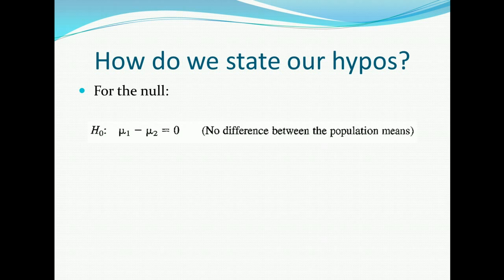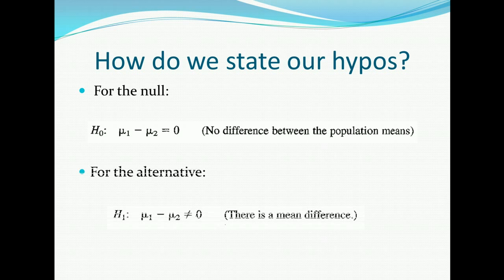For the null, we state H sub 0, mu sub 1 minus mu sub 2 equals 0, saying that there's no difference in the population means. For the alternative, we state mu sub 1 minus mu sub 2 does not equal 0, saying that there is some sort of mean difference.